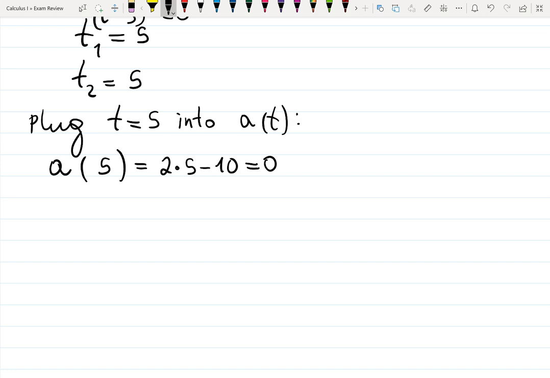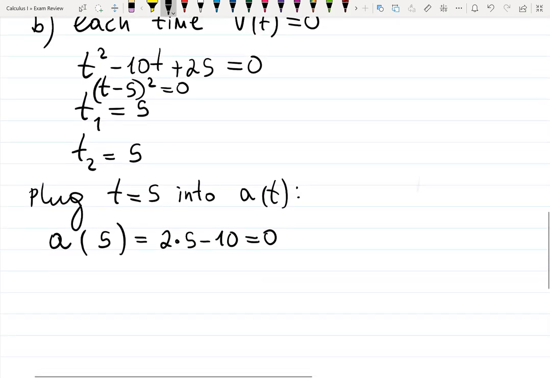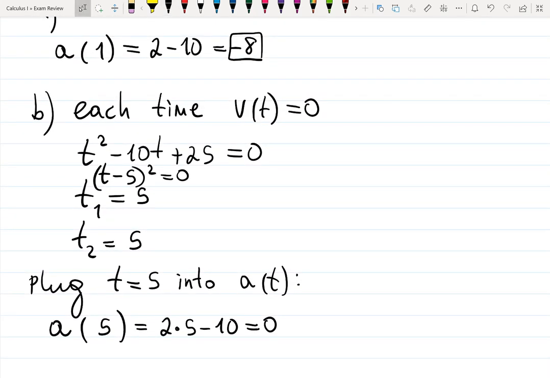So basically a at 5 is 0. What does it mean to have 0 acceleration? It means we don't accelerate. It means the velocity is constant. So I'm driving 50 miles per hour all the time, and I don't accelerate. Make sense? And I don't slow down as well. But it's happening each time the velocity is 0. It's pretty interesting as well.